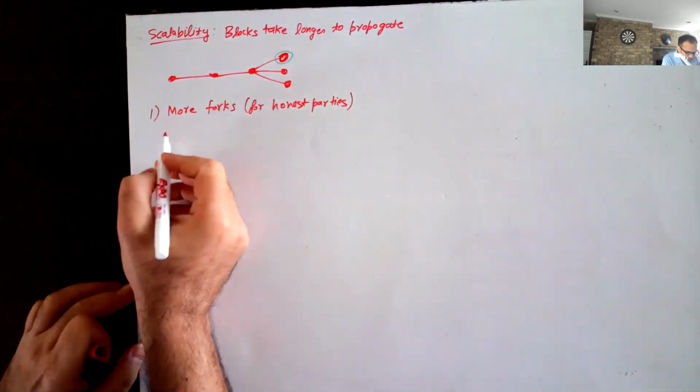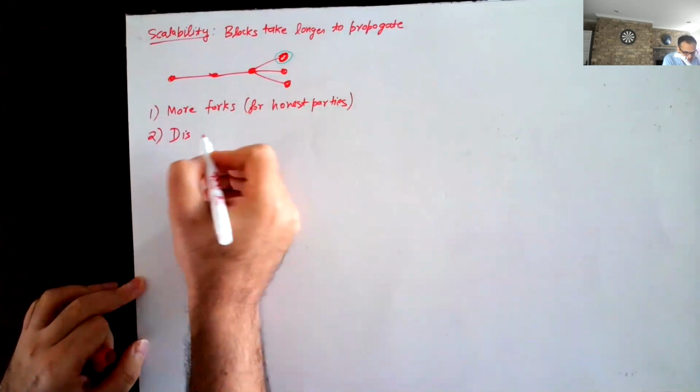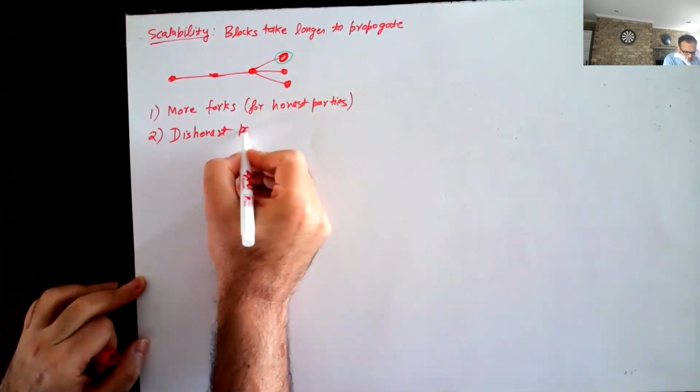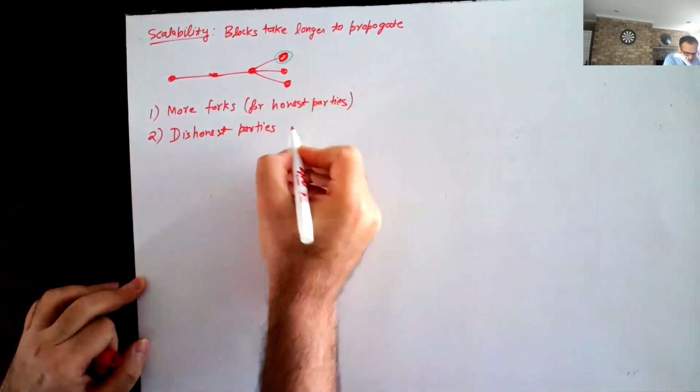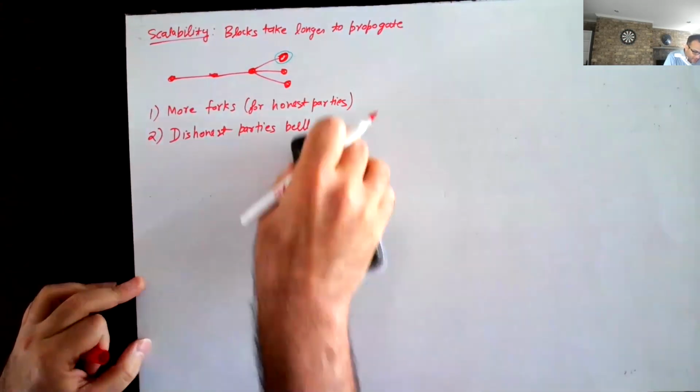But on the other hand, maybe the dishonest parties are better connected. Better connected or better coordinated.